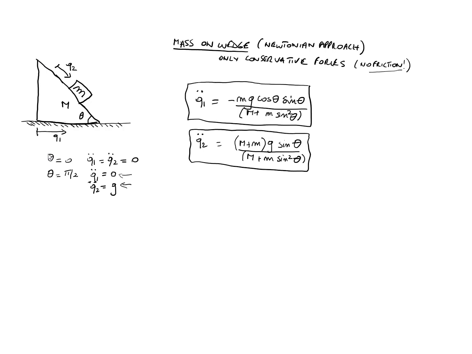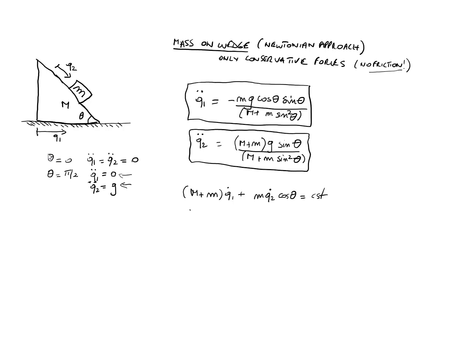And if we do that, we write that big M plus small m, that's the big mass plus the small mass, times q1 dot plus m q2 dot, but then in the direction that is horizontal, so we have to multiply by cosine theta, is equal to a constant.